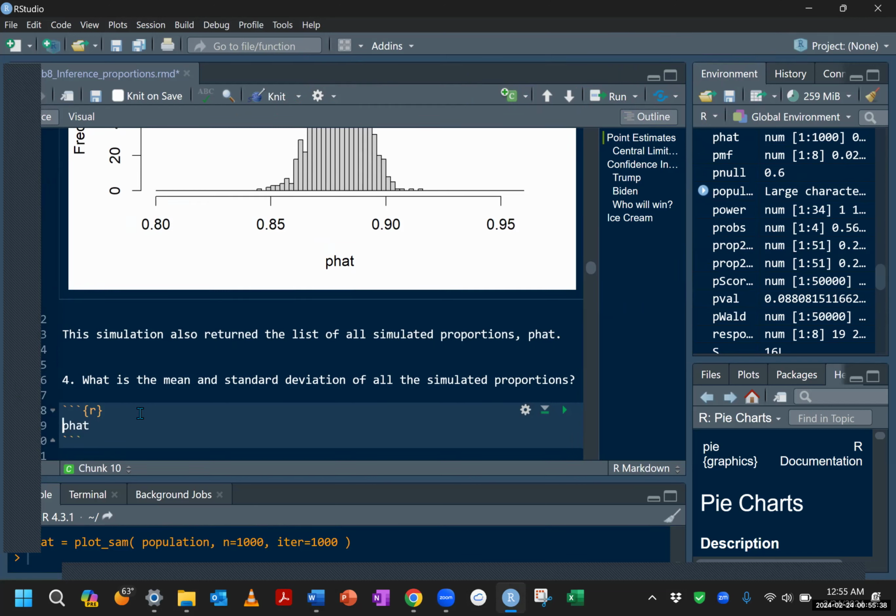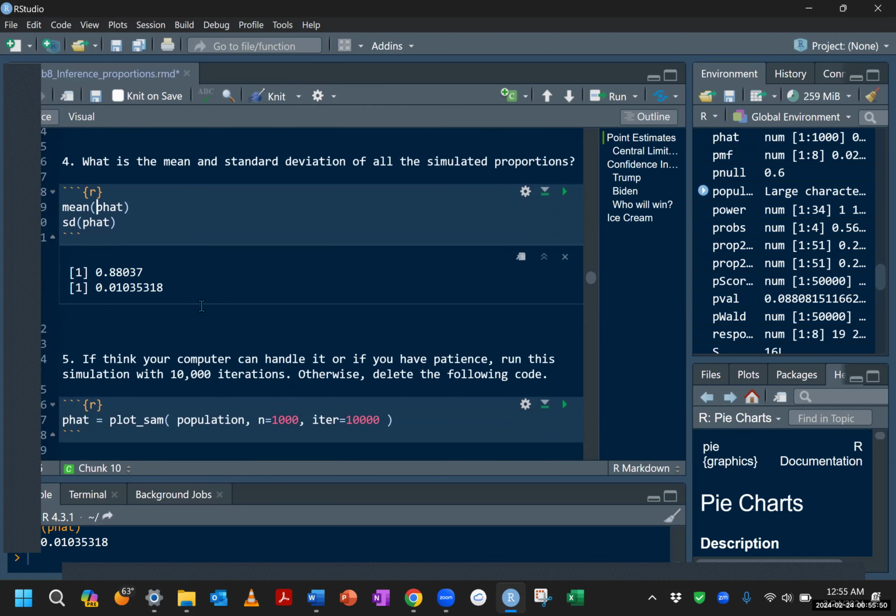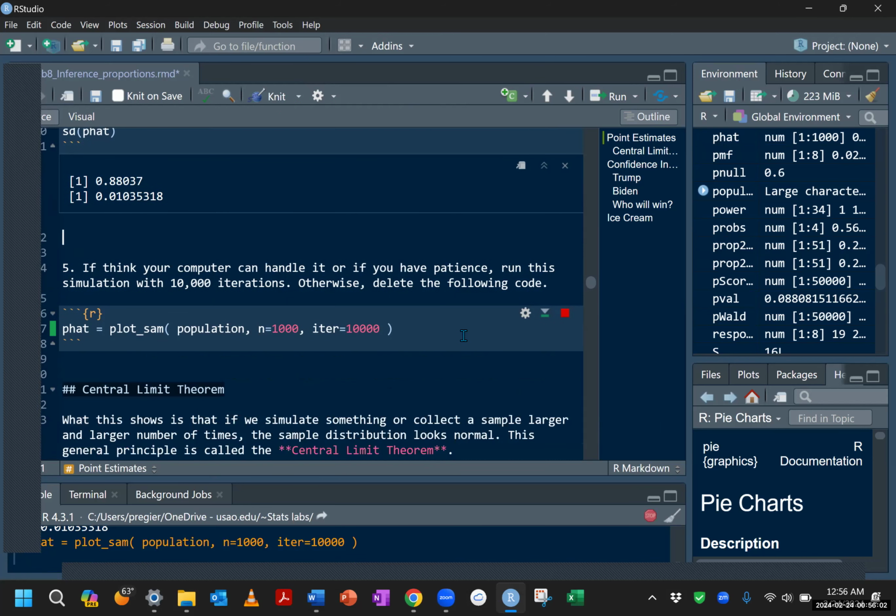But now that we have that, we can take the mean of those samples and the standard deviation of all those samples. So we've sampled 1,000 times. We've gotten our p hat. We got the mean and the standard deviation of this. And if you want to, you can do this for 10,000 samples. Run p hat for 10,000 times. It's going kind of slow.